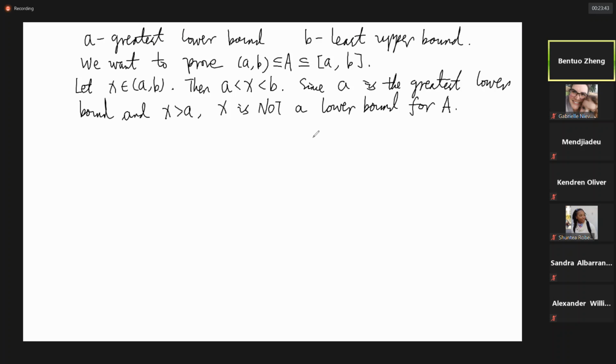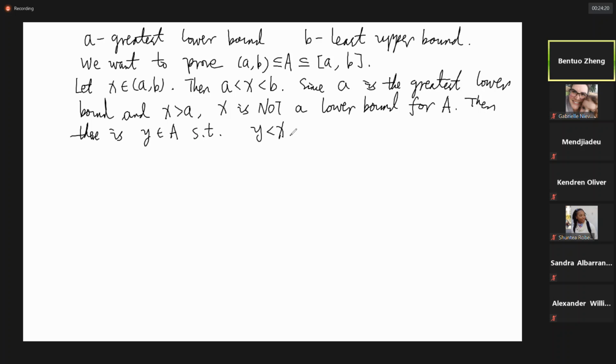So x cannot be a lower bound for A. But what does it mean that x is not a lower bound for A? That means there exists a number in A which is smaller than x. Then there is a y in A such that y is less than x.